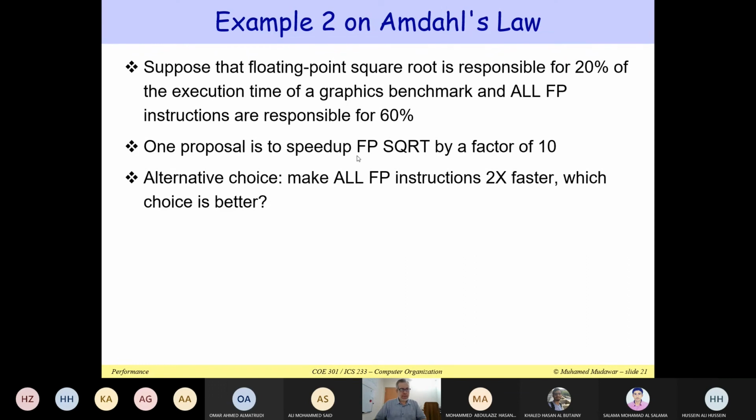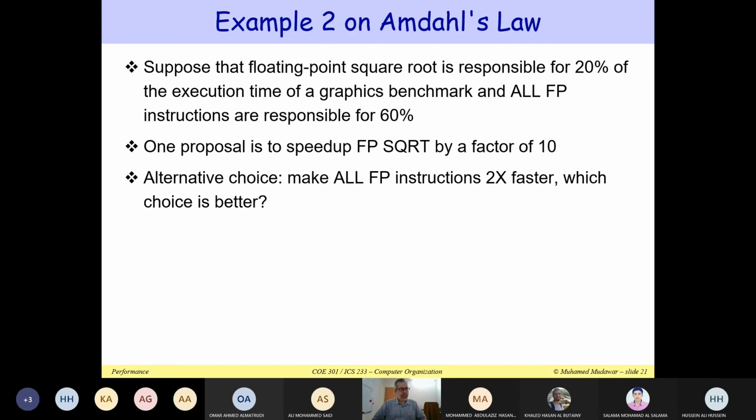One proposal is to speed up the floating point square root by a factor of 10, since it is very slow. A second choice is to make all the floating point instructions 2x faster, not just the square root.